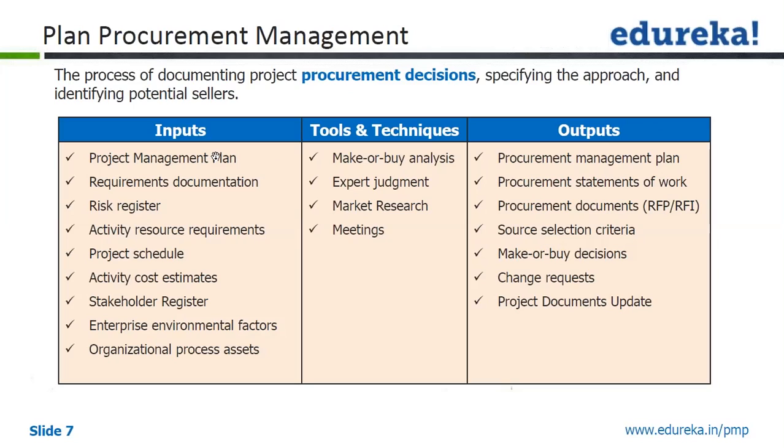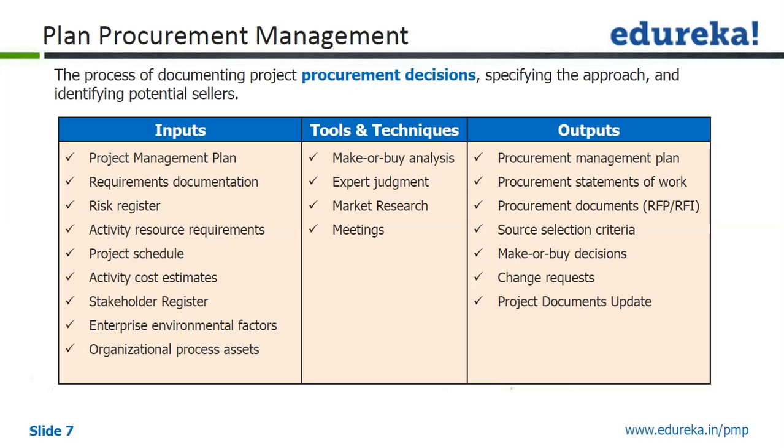So you can see there are many inputs to this process. You have project management plan, requirement documentation, risk register, activity resource requirement, project schedule, then activity cost estimate, stakeholder register, EEF and OPA.